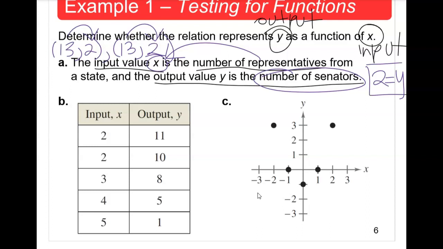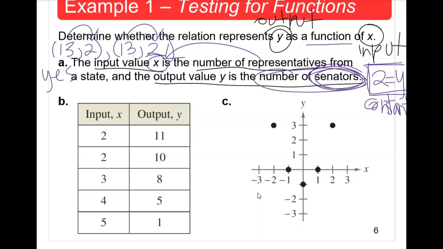The 13, even though it could repeat from one state to another, is being related to 2. The number of representatives varies by the population, but the number of senators is always equal to 2. And so in that case, it will be a constant function, and those types of functions are those horizontal lines that we already looked at in the previous section. So constant function, yes, this is a function.